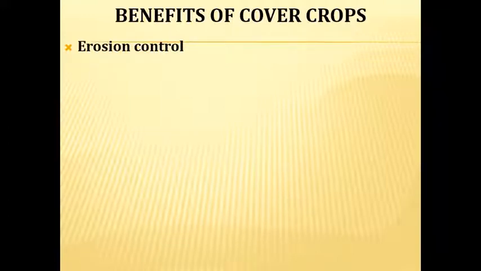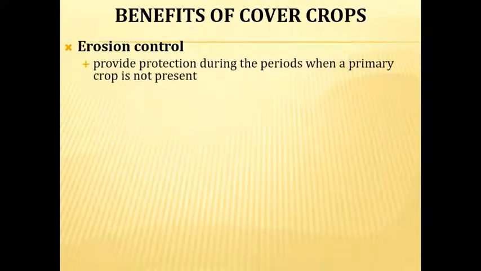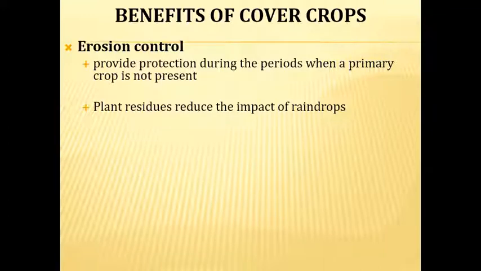What are the benefits of cover crops? Erosion control. Cover crops can provide protection during the period when a primary crop is not present on the field. Plant residues reduce the impact of raindrops that otherwise would detach soil particles and make them prone to soil erosion.